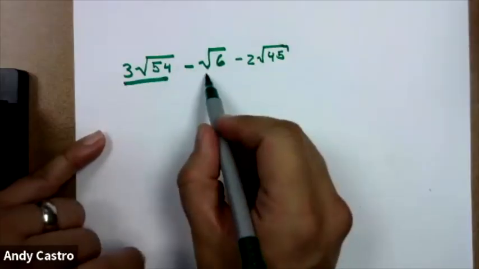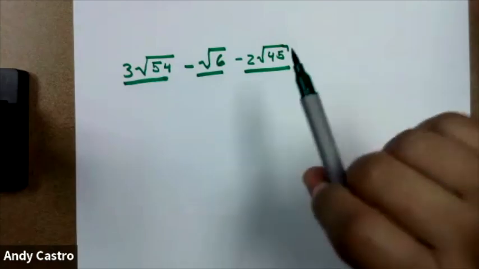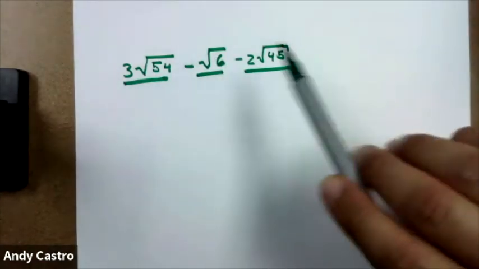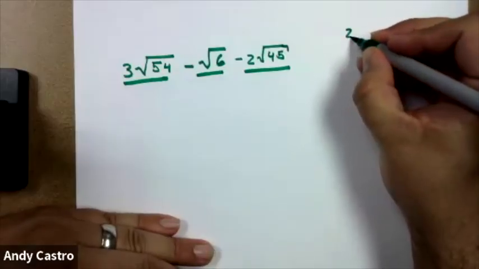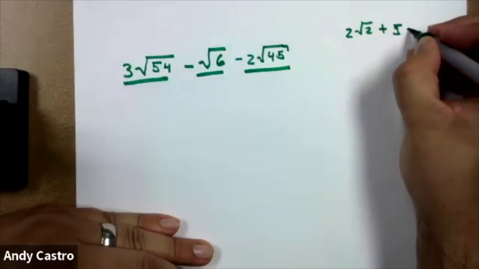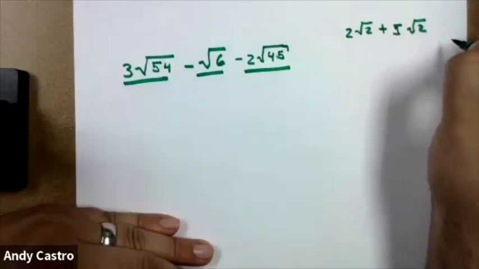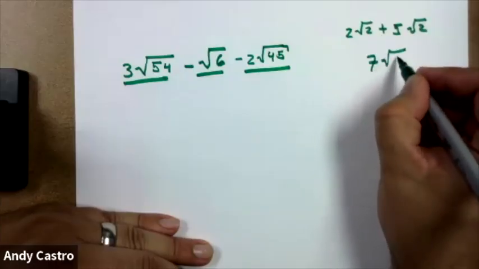We've got 3 terms here. Do I have any like terms? Well, in this case, we have no variables, but roots work the same way. If I have 2 times the square root of 2 plus 5 times the square root of 2, I have 7 times the square root of 2.